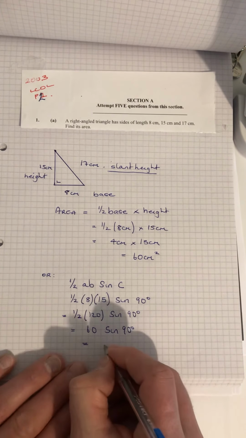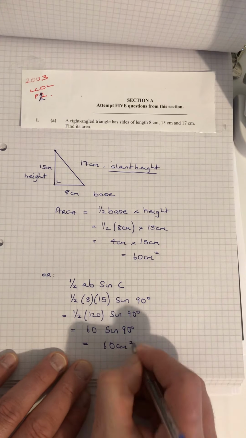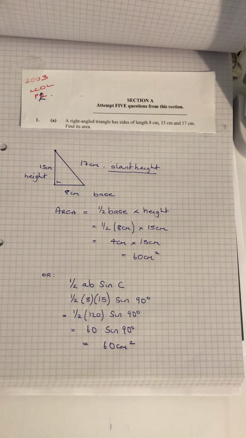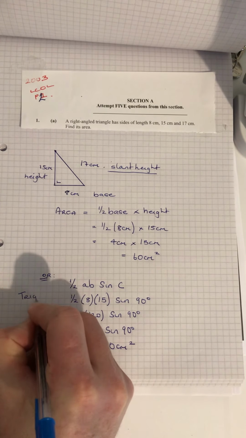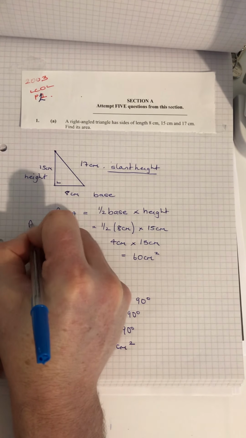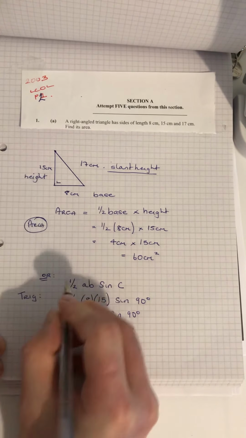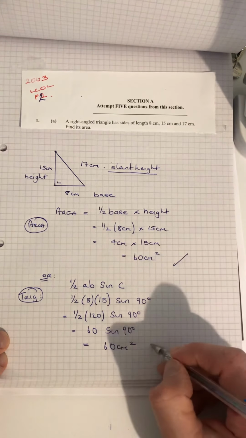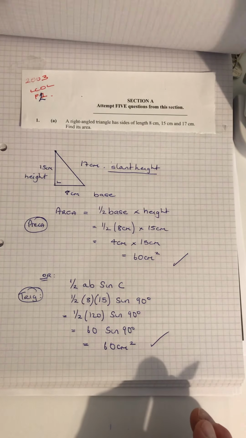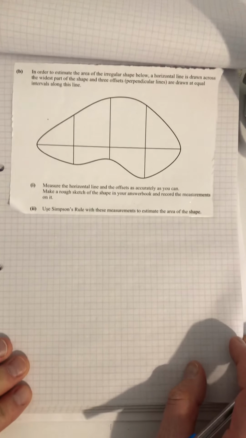On your calculator that is also 60 centimeters squared. Okay, so either or: that there is using trig, and this one here is using area. So just watch out for either, but you can use both. Both are correct.